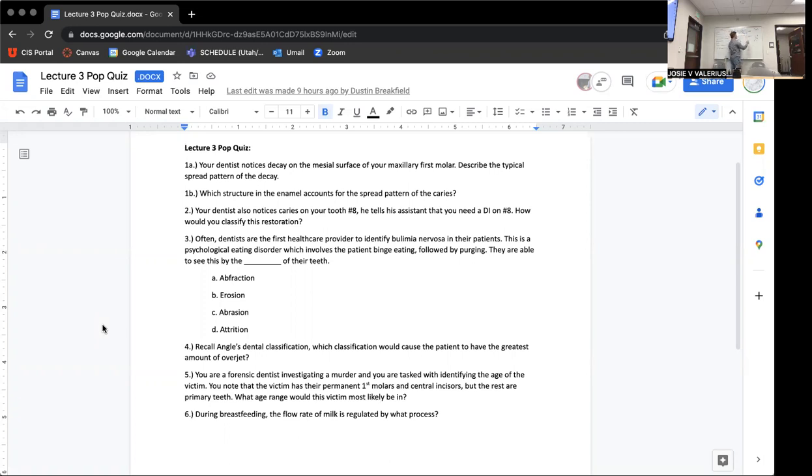Then if we're looking at the side of the tooth, and we pretend midline's that way, what are we going to call this part that's right up against the cheek? Labial, right? And then middle. And then what about this one that's facing the tongue? Perfect.